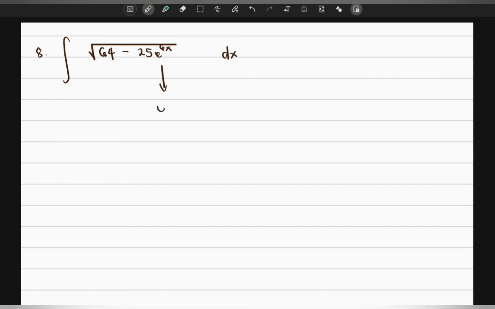So ito yung e raised to 6x ay equal sa e raised to 3x na in square. Okay? So, ang derivative nito ay 3e raised to 3x.